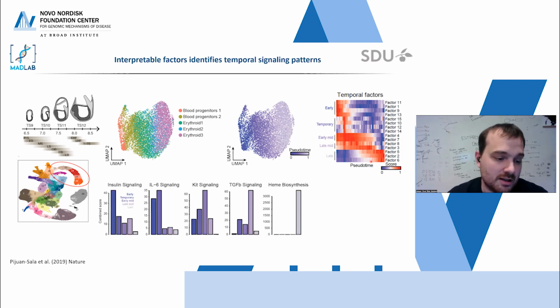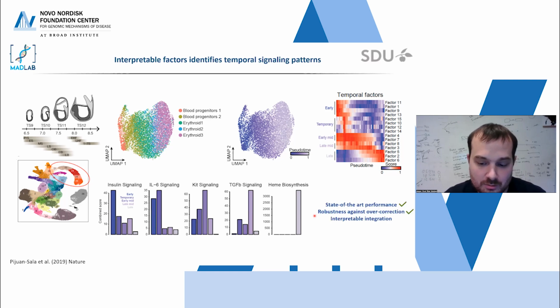And gene set enrichment analysis of these different groups of factors reveals a rolling signaling cascade that has been at least in steps validated in the field. So insulin signaling is important in early differentiation, then KIT signaling, TGF-beta, and then finally there's of course heme biosynthesis, which is the hallmark of the red blood cell.